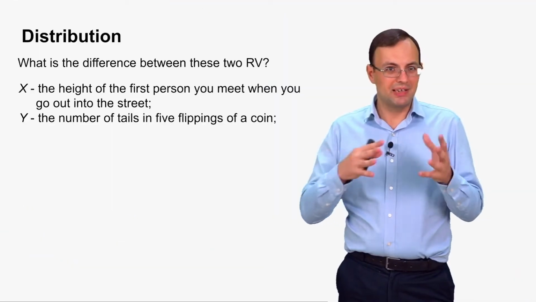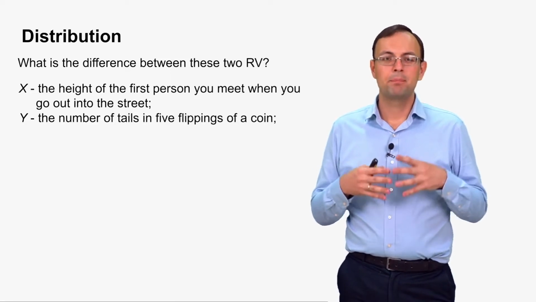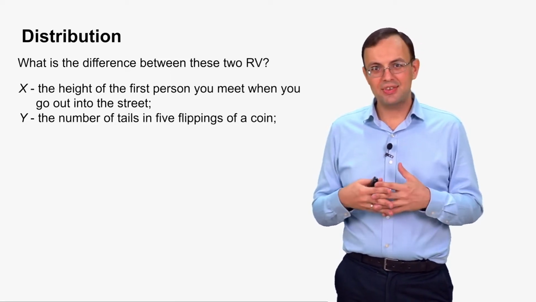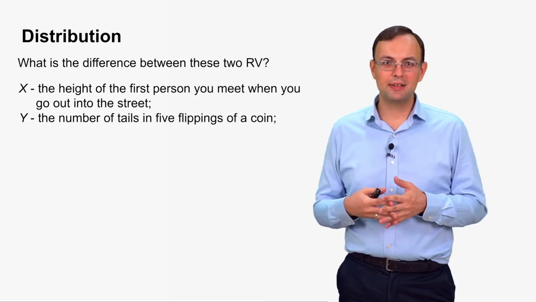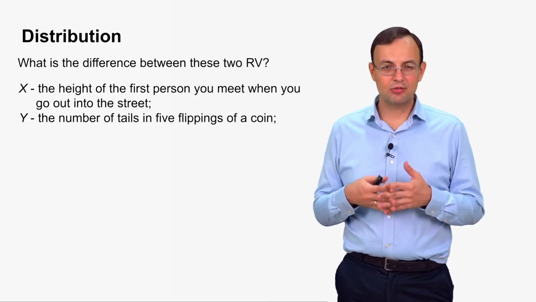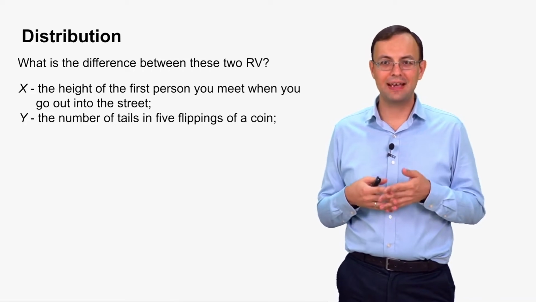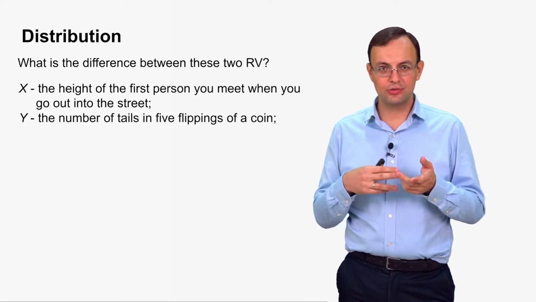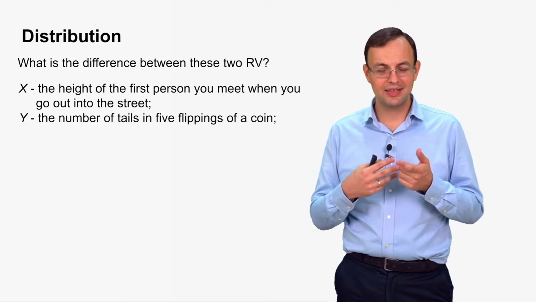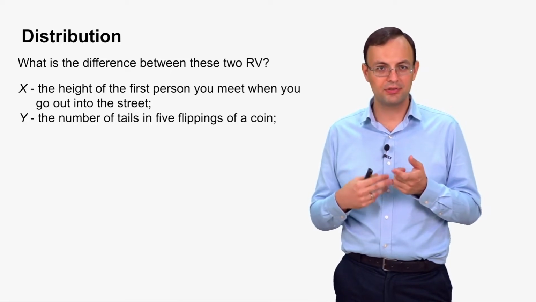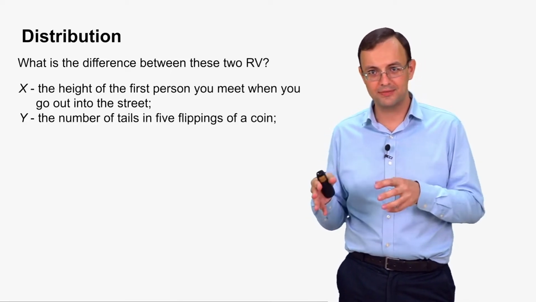Obviously, there are many differences between these two, but I would say that the most important one is the set of possible values. So Y can take values 0, 1, 2, 3, 4, 5. It has 6 possible values, integer numbers from 0 to 5.